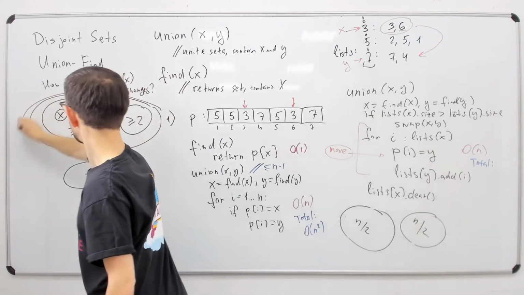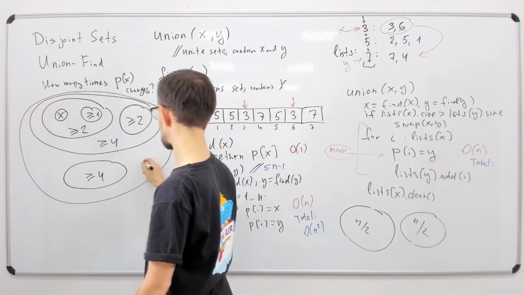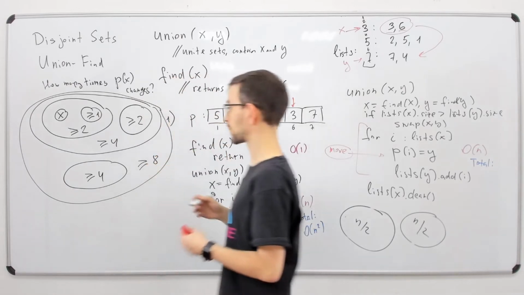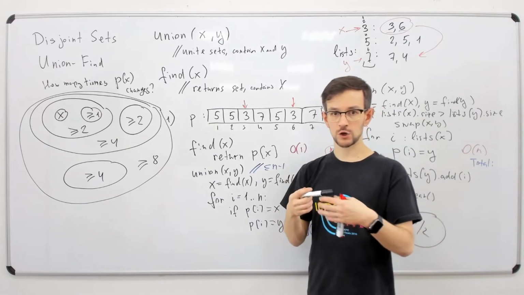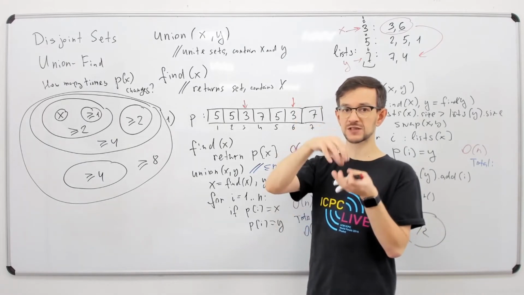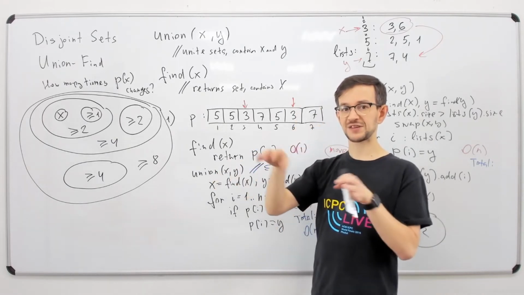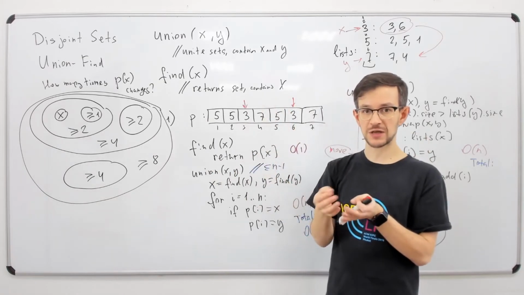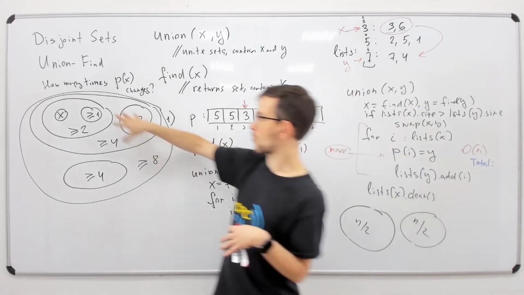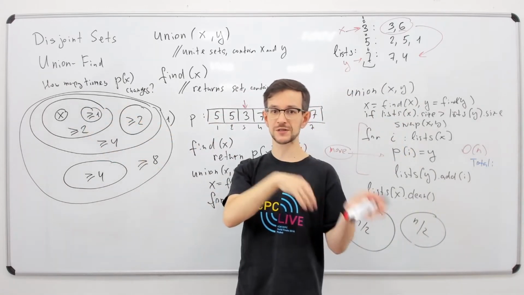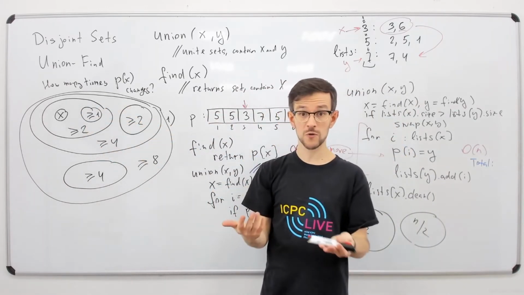We make another union, so the size of this set is at least 8, and so on. After each union which causes element x to move to another set, the size of the set which contains element x is increased at least twice. So the total number of times we move element x from one set to another is at most logarithm of n.